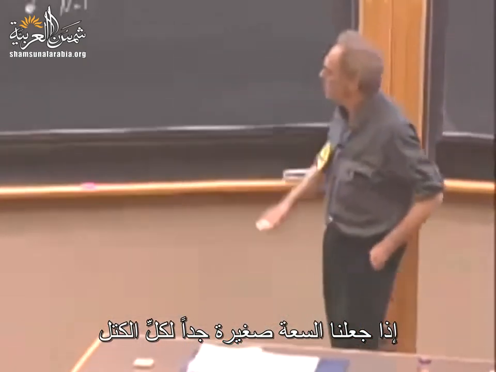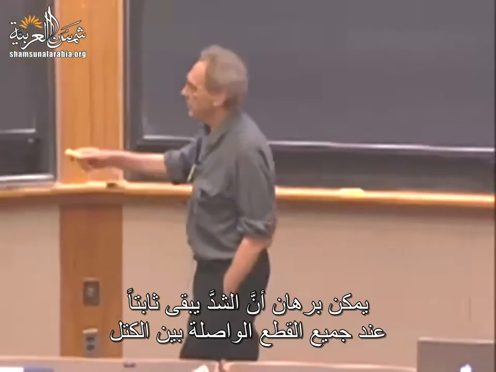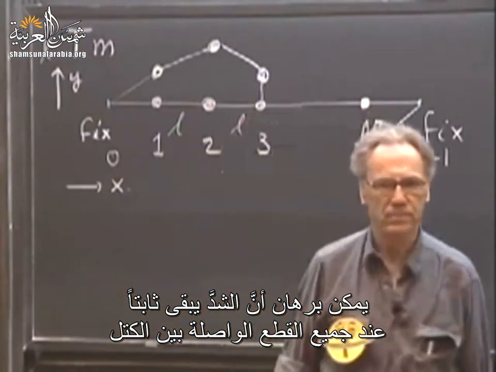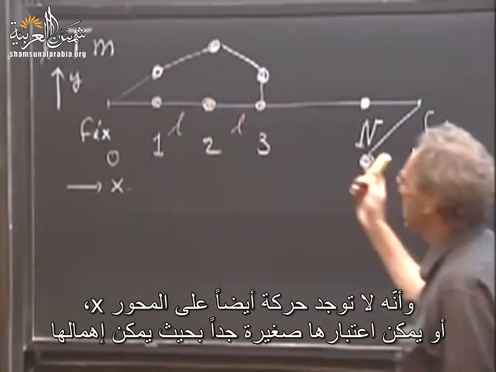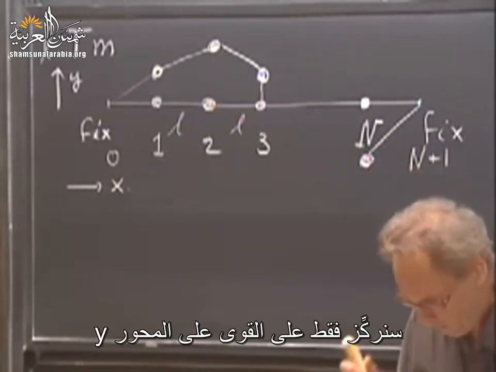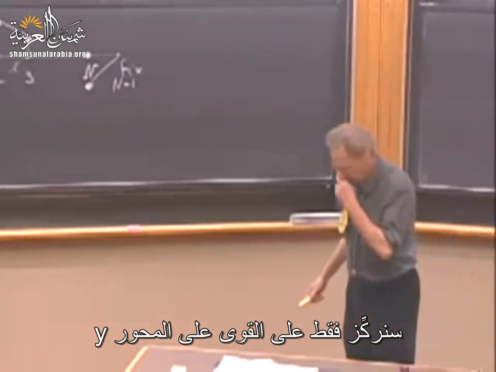Now, if you make the amplitudes modest, then it's easy to demonstrate that the tension will remain constant in these pieces, and that there is no motion in the X direction either. At least you can make it negligibly small. And so we will only concentrate on the forces in the Y direction.